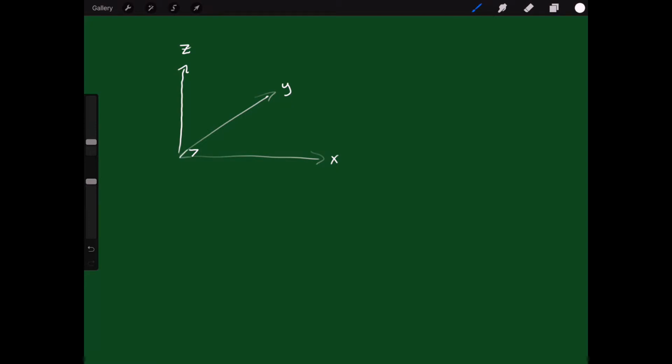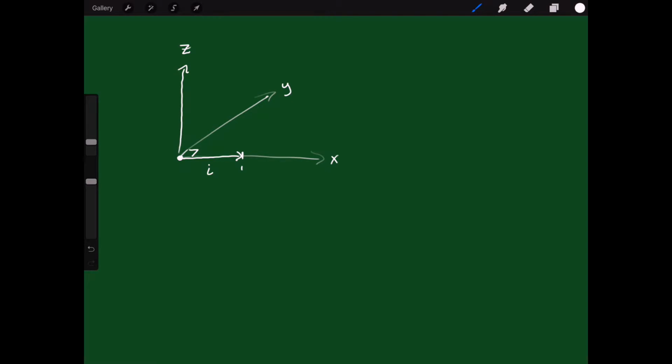So what if I go out just exactly 1 in the x direction? Then the vector that points from the origin to 1 in the x direction, I'm going to call that vector i.